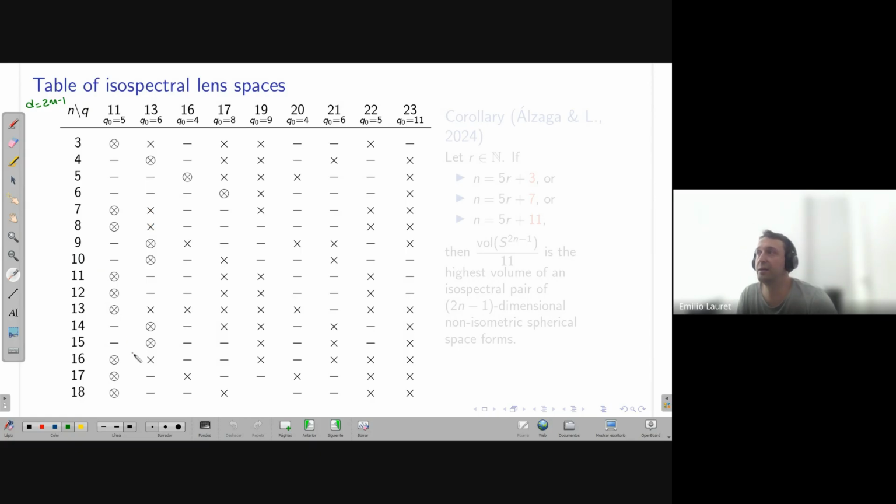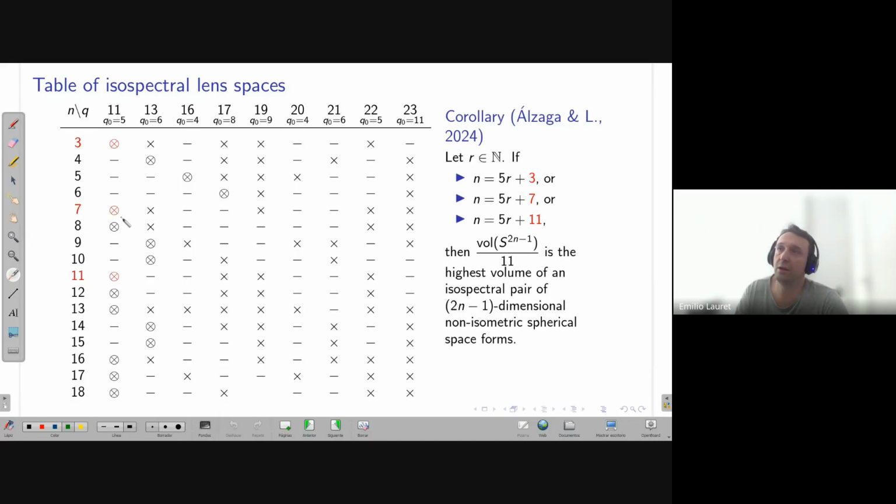And the idea is that we did the table until 43, because remember, spherical space forms that are isospectral and whose fundamental group is non-cyclic will have at least 24 elements. So if you get any length space isospectral here, it is because the highest volume is going to be attained in length spaces. We are sure about this.